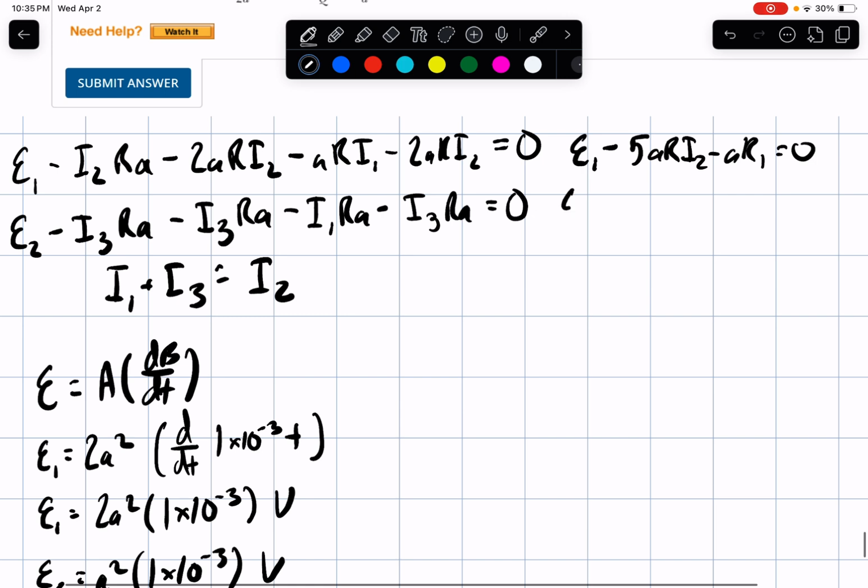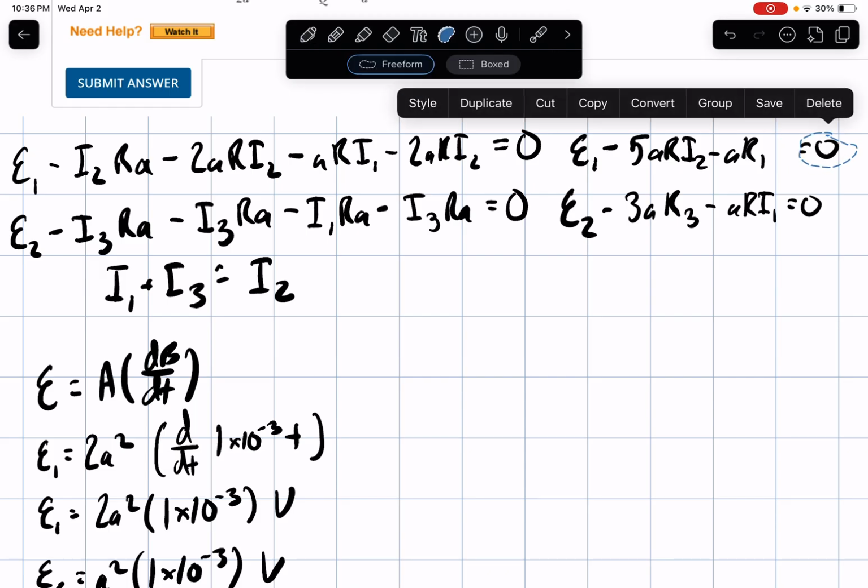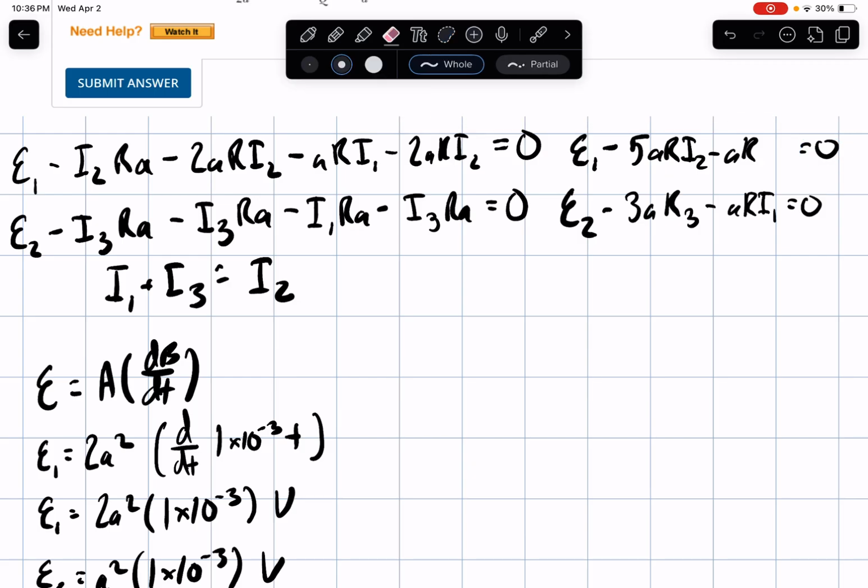And then the second one would be second EMF minus 3AR I3 minus ARI1 equals 0.